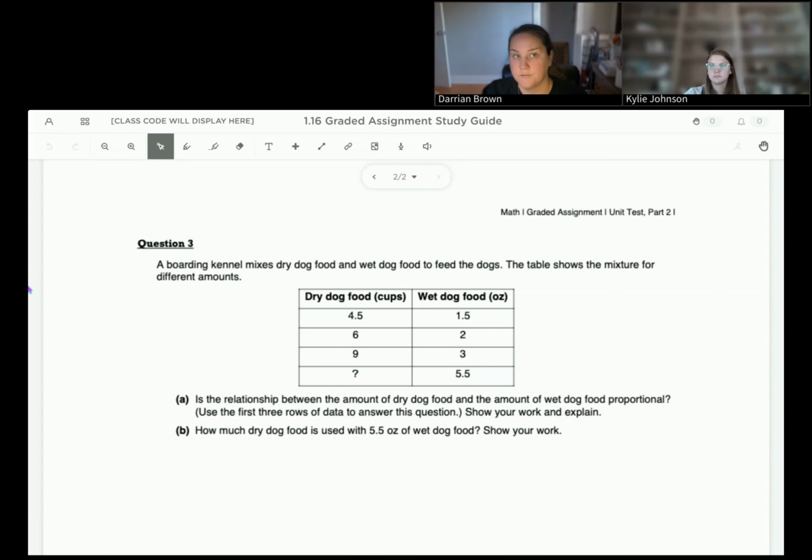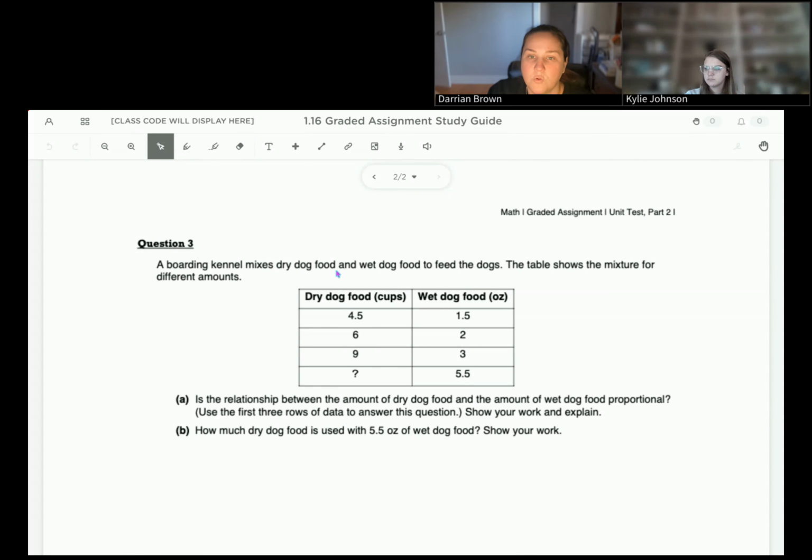Well, to figure that out, you've got to do some division, and you need to know which one of those columns is your X, which one is your Y. And remember to figure that out, if you think about the unit rate, remember it's Y over X. So X is your unit. For this one, go back to my class kick.